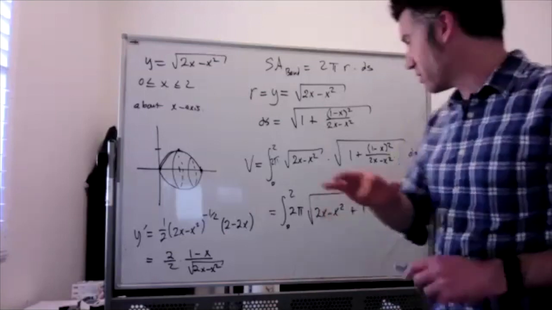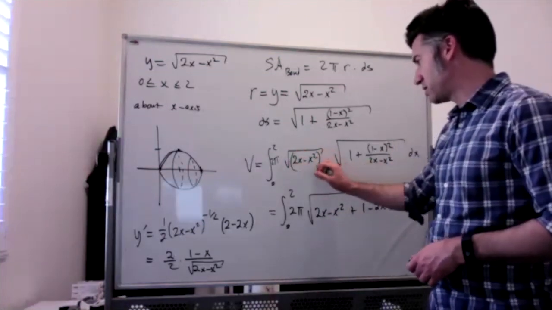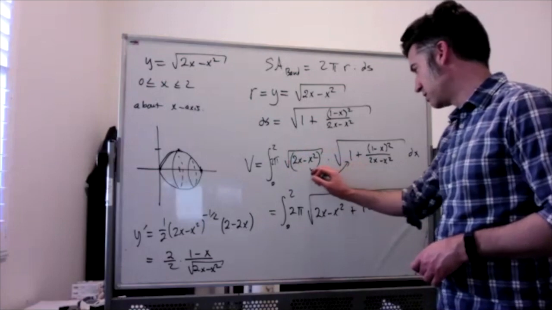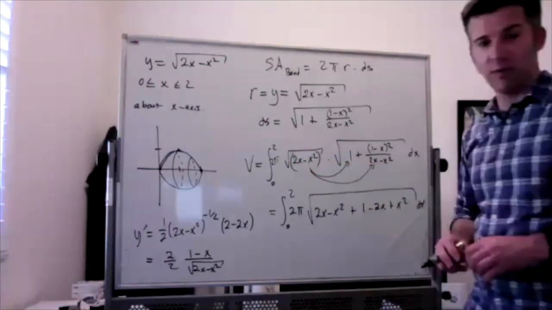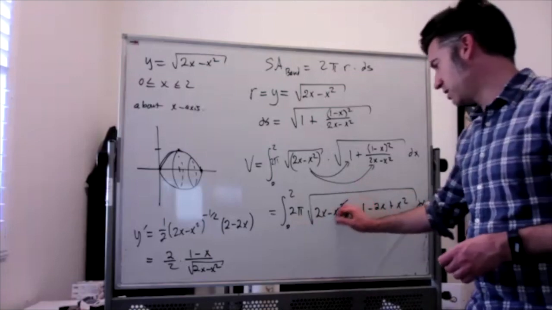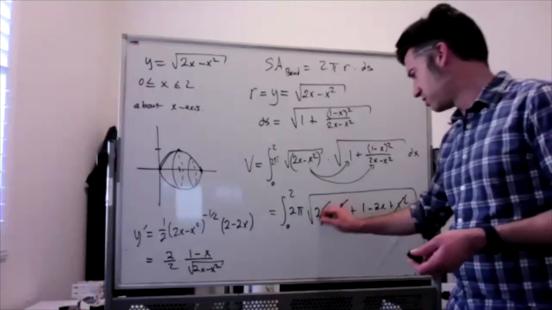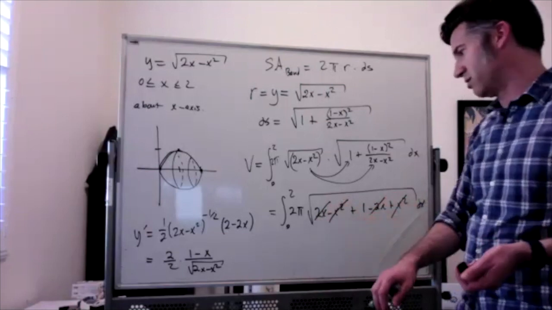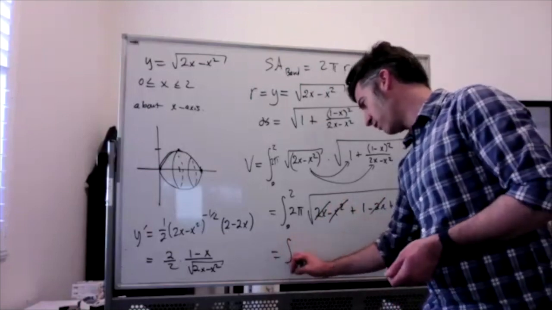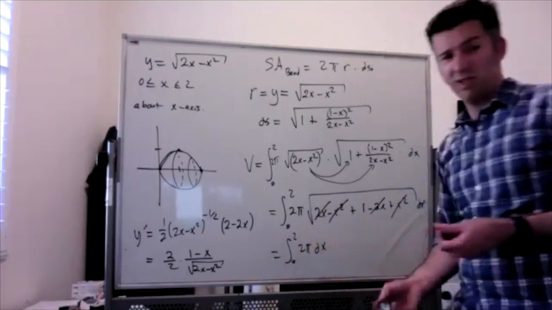So just to make sure everyone's cool with this, right? We distributed to this, and to that. And it's perfectly fine since they're all in the square root. But now look, minus x squared and x squared cancel. Wow, this worked out really nice. 2x and minus 2x cancel, and you get the integral from 0 to 2 of just 2 pi, which is just 2 pi times 2.